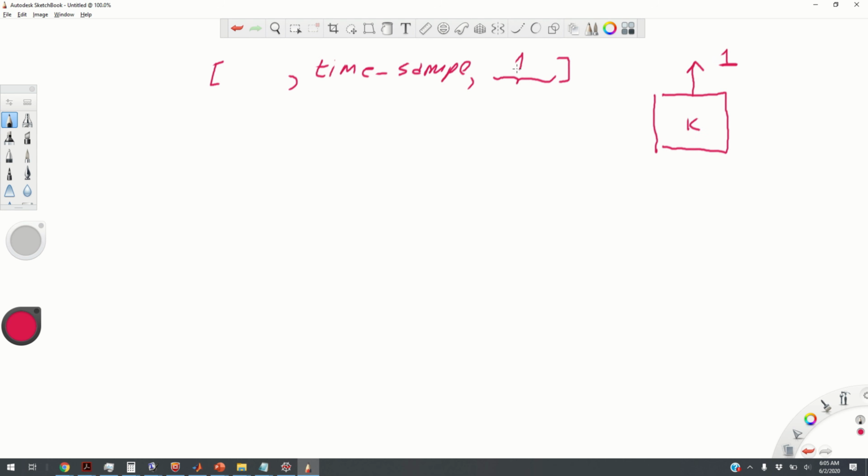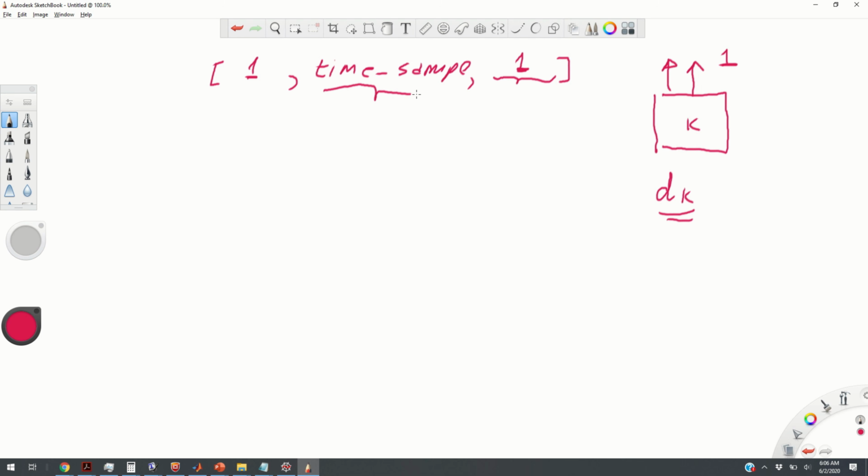In our case, this is equal to 1, since we are only measuring dk, the displacement. If you measured two variables, this dimension would be equal to 2, etc. And here this is the batch size.